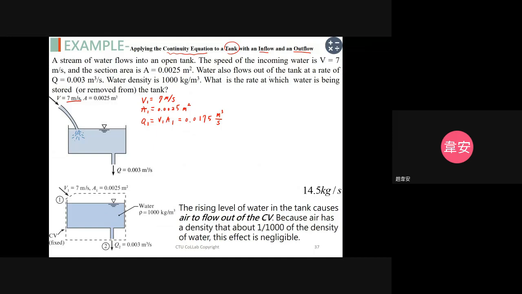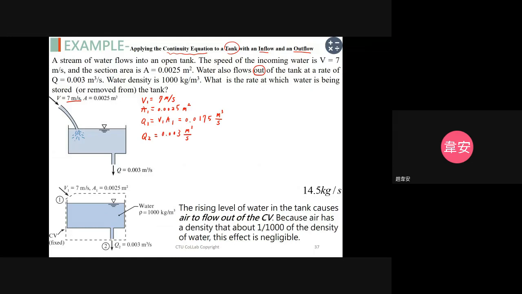Water also flows out of the tank. So we have a flow out of the tank at a rate Q of 0.003. So we know the flow out. We use the label 2, and we already have the discharge number, 0.003 cubic meters per second.